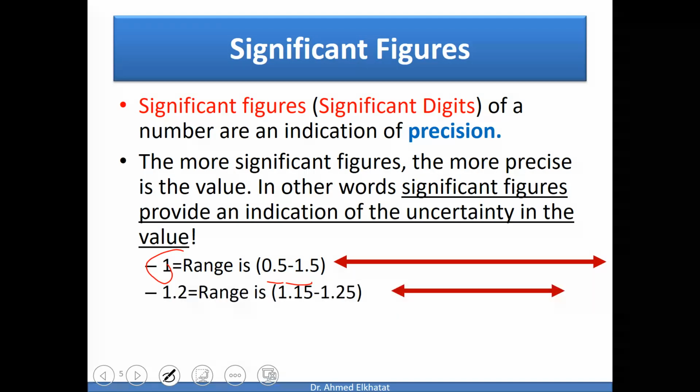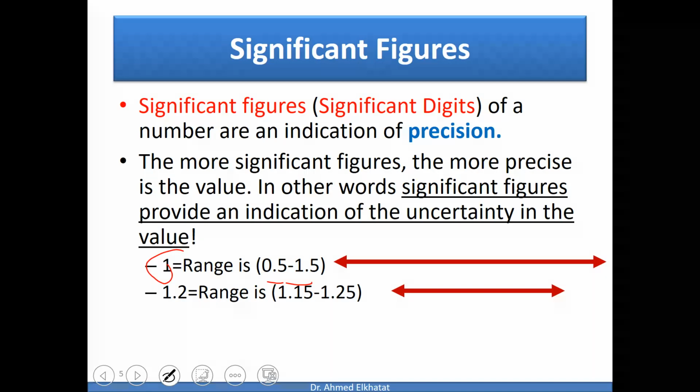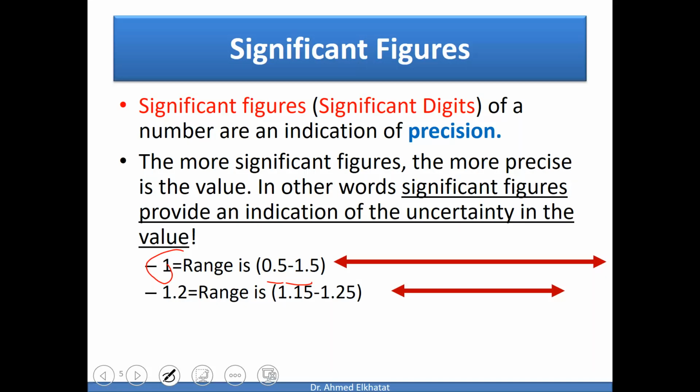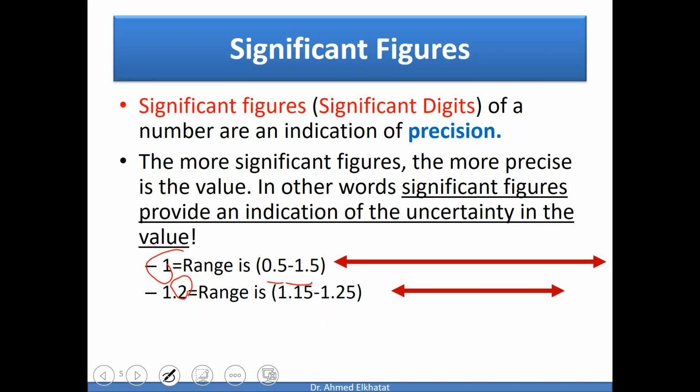Now say I have two significant figures, 1.2. Now the range becomes smaller. So I have 1.15 and 1.25. This is my range. I just included another figure here, so now I have two significant figures.